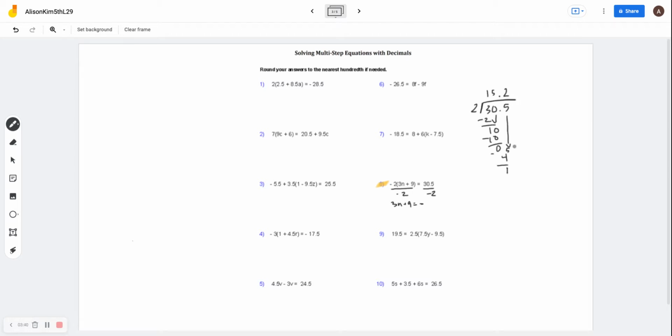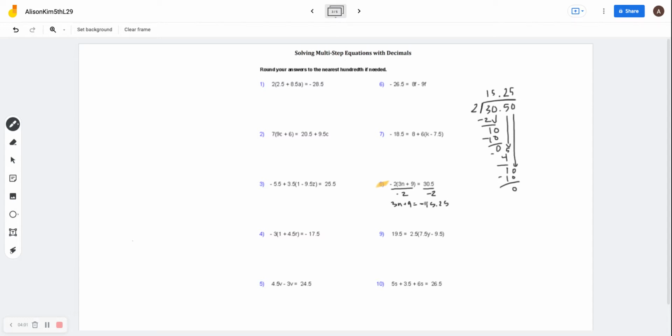So I'm going to add in another 0 and bring that 0 down. And I should get 10, and 2 goes into 10 evenly 5 times, so it'll be 15.25. But don't forget your negative sign, so it'll be negative 15.25.